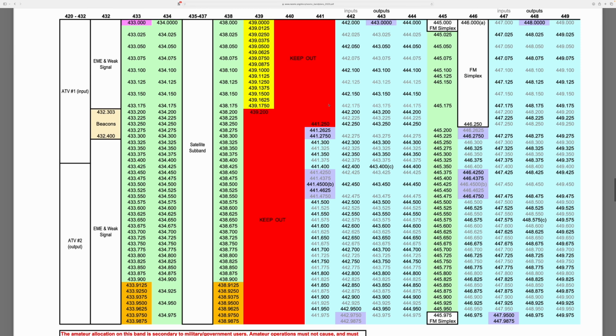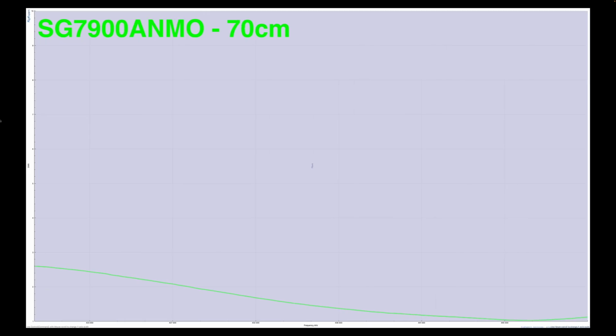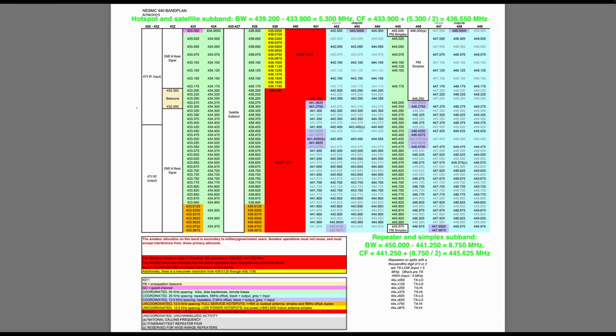So basically, I have a marked up version of it here. What I'm interested in terms of mobile operation, and I think what most people are interested in terms of mobile operation, is mostly repeaters and simplex, which is essentially on these frequencies, these channels.